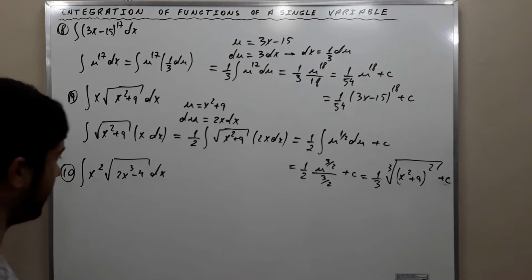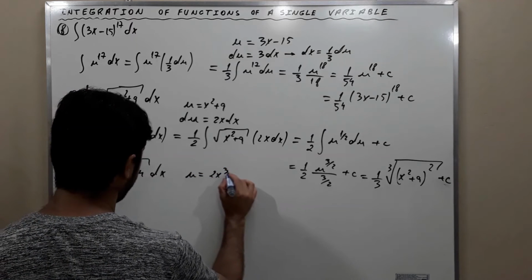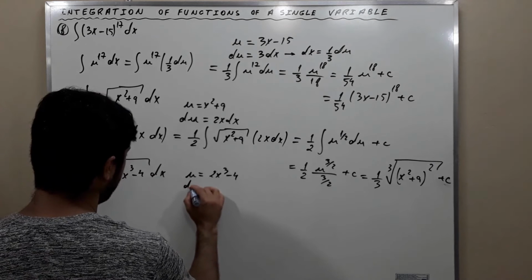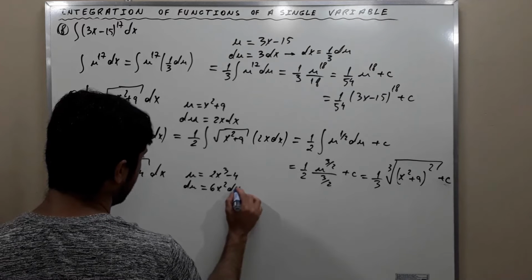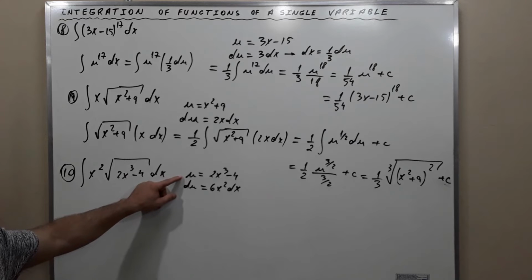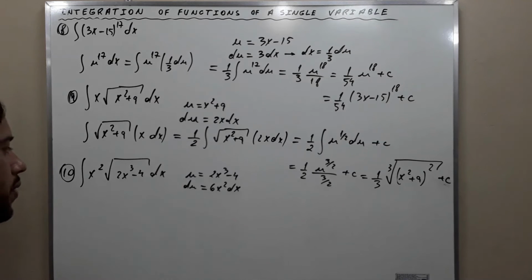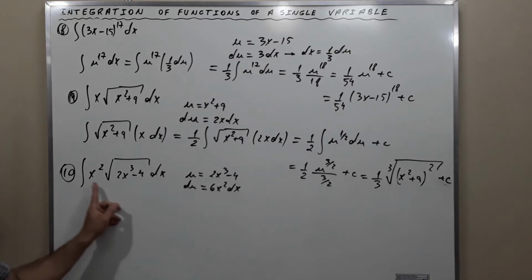Okay, we are going to apply u-substitution again, and u is going to be 2x cubed minus 4, where du is equal to 6x squared dx. Okay, if we differentiate this expression here with respect to x, it becomes this. All right. And observe that we need x squared, and we already got x squared here. It's going to serve us greatly again.